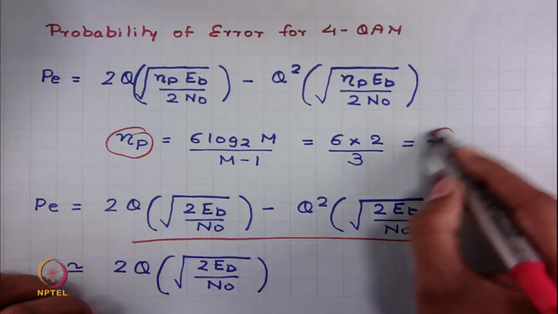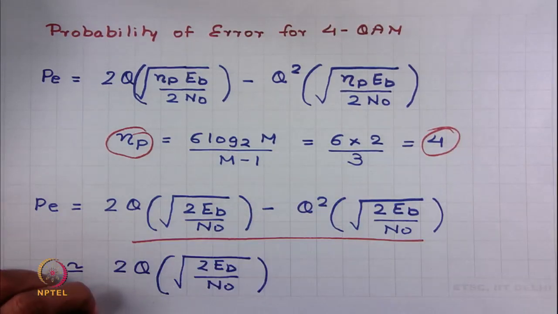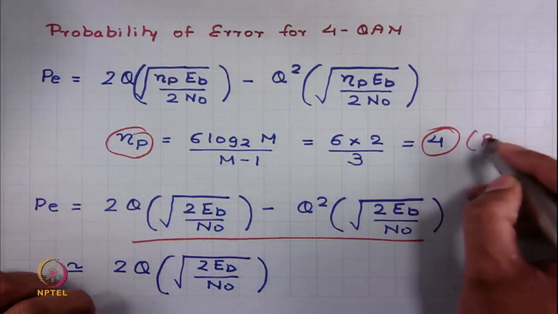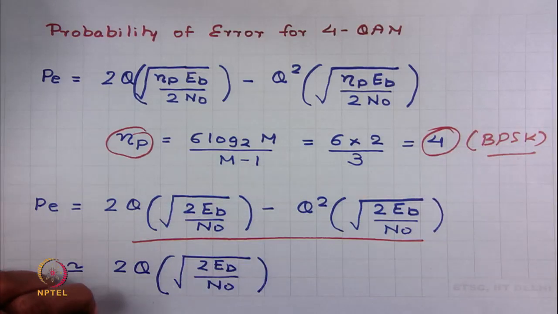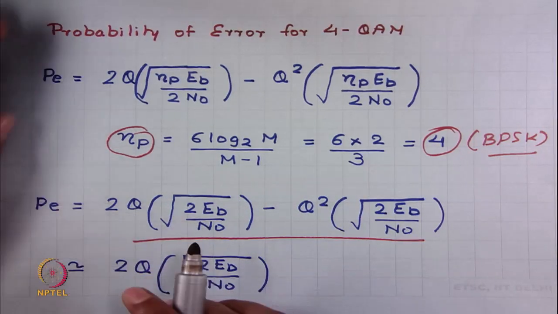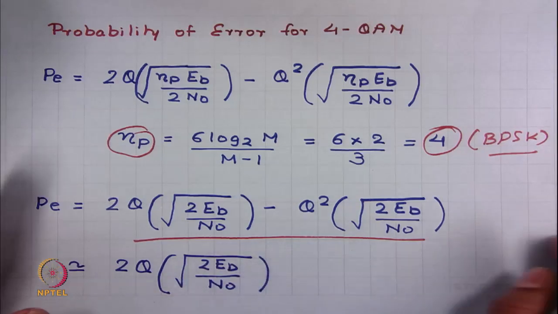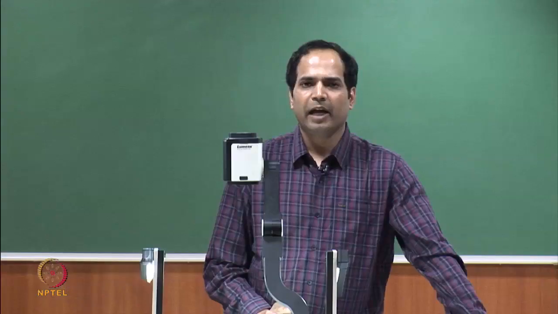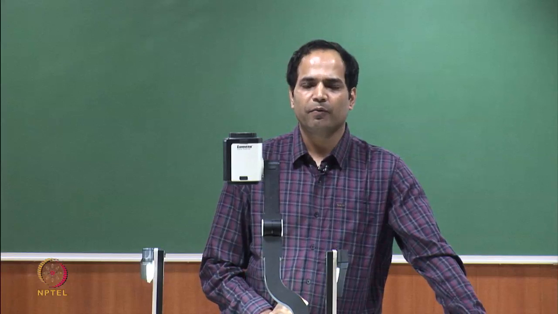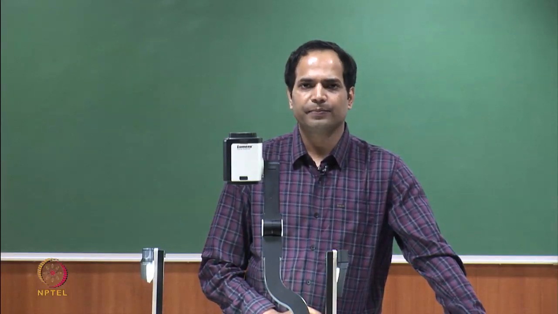An important point to notice is that the power efficiency of 4-QAM is the same as the power efficiency of BPSK. All right. So, BPSK has the same power efficiency as 4-QAM. So, we have been able to calculate the probability of error for 4-QAM, and we have understood a few concepts while doing this evaluation.